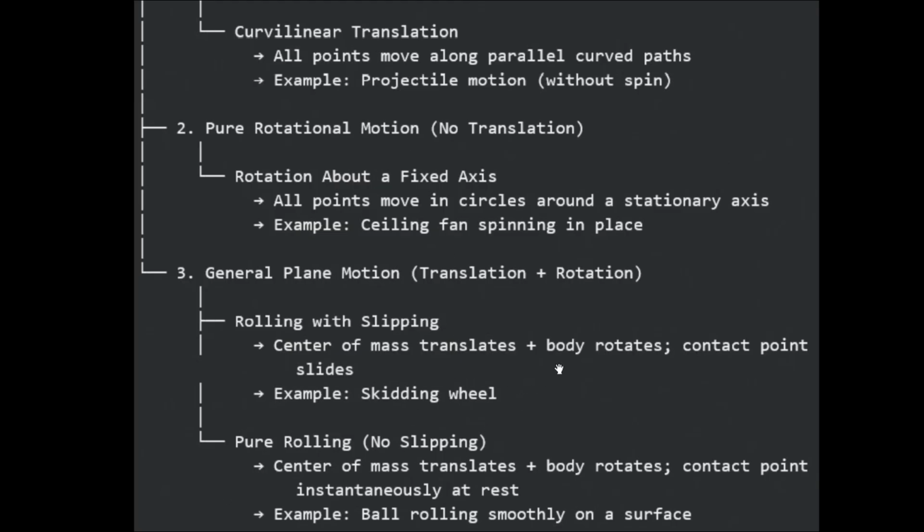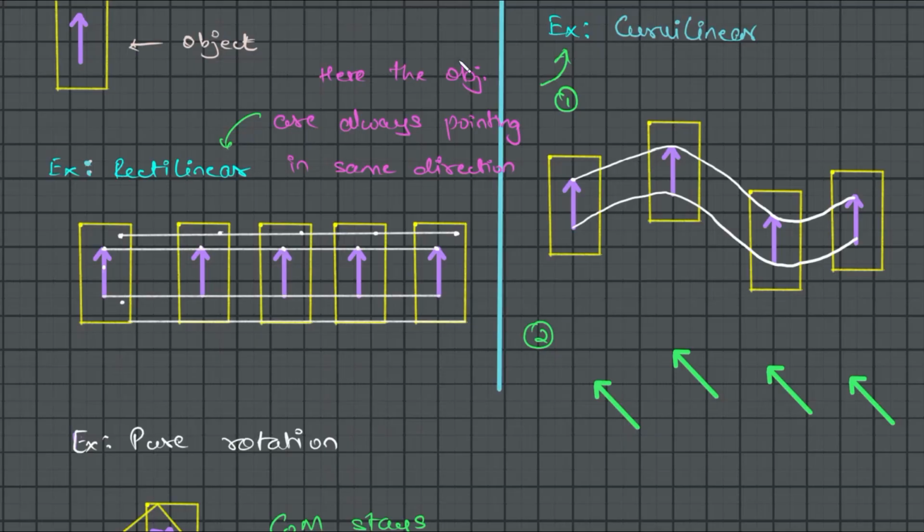The first two we have already covered, right? Rectilinear and curvilinear we have already covered, including in the last chapter, directly or indirectly.